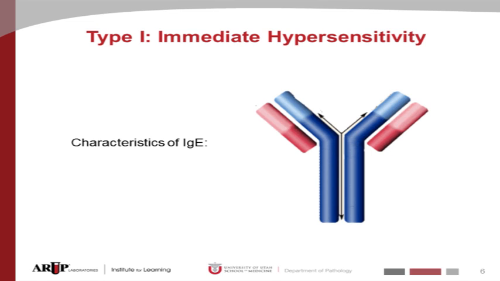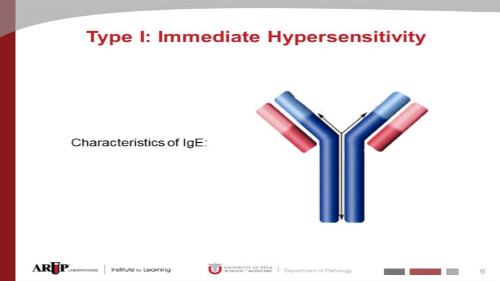So it's a monomer, and you'll see it's got the same basic Y structure as you'd see in an IgG molecule. The heavy chains in an IgE are epsilon, and the light chains could be either kappa or lambda. IgE does not cross the placenta, so if a mother has IgE antibodies, they're not going to cross to the fetus.